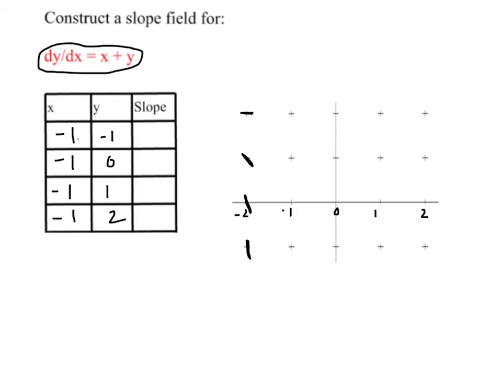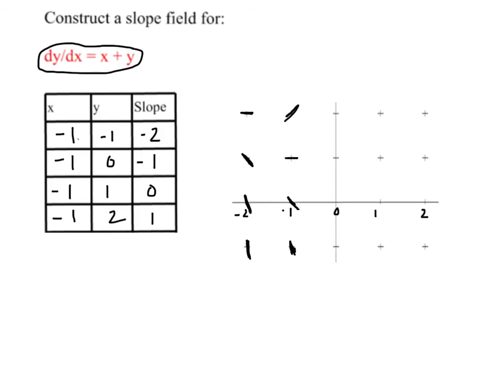Okay. So again, I'm just going to plug those points into the differential equation. So -1 plus -1 is -2. -1 plus 0. -1 plus 1. And -1 plus 2. So now I'm going to go to those points and draw a little line that represents that slope. So slope of -2. Slope of -1. Slope of 0.